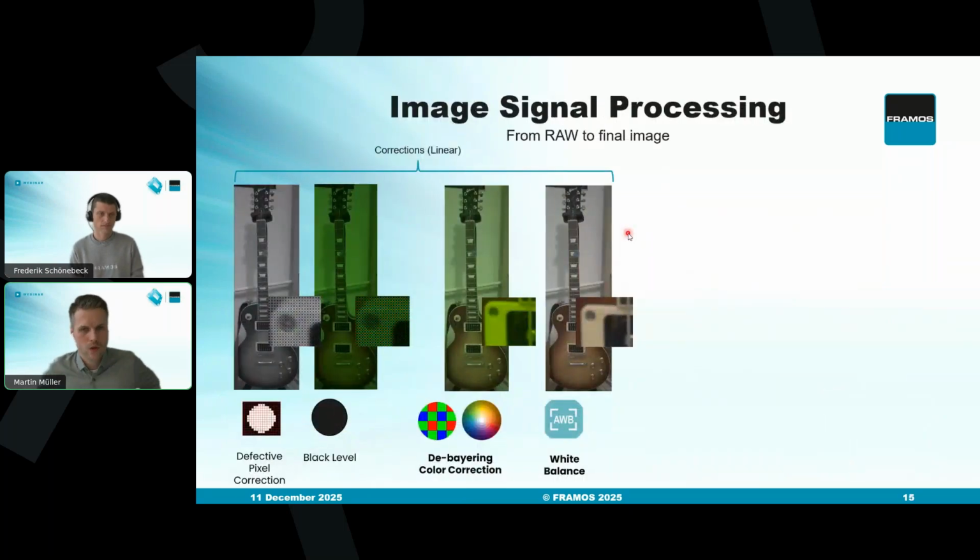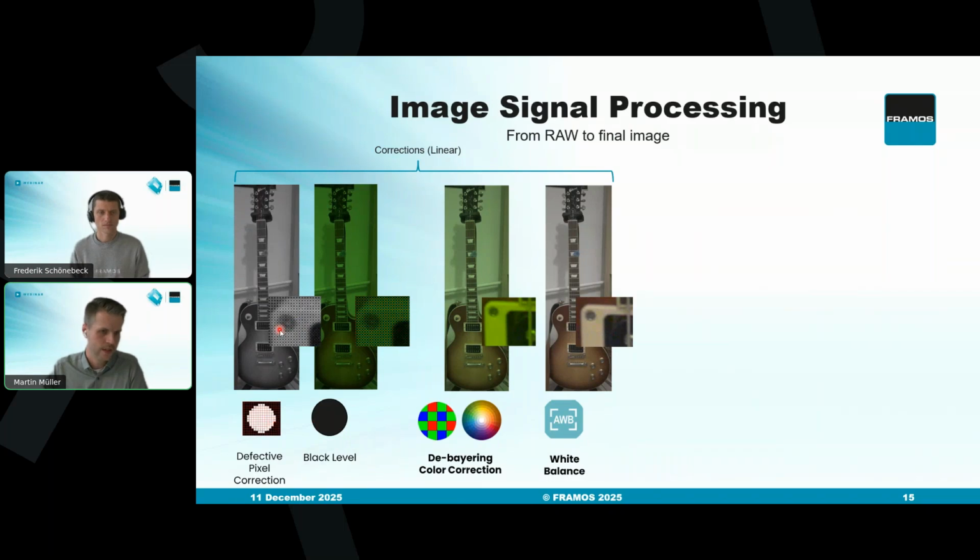So let us have a look at a typical image signal processing pipeline from raw to final image, at a very high level. Mainly when it comes to objective image reproduction, applying pipelines, we are speaking about corrections. And this is what happens in all systems, in consumer electronics and also in industrial vision components.